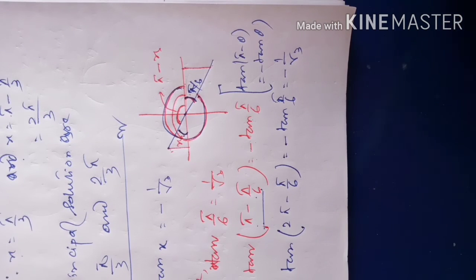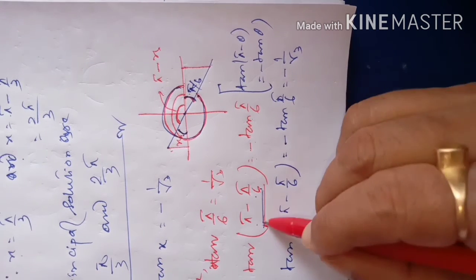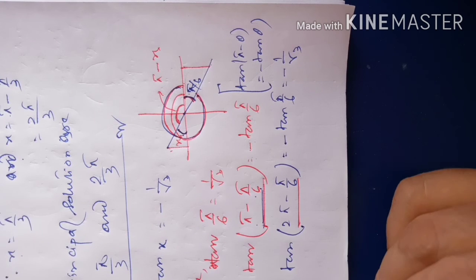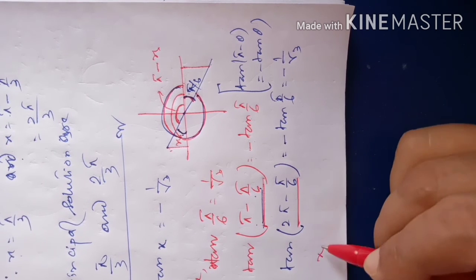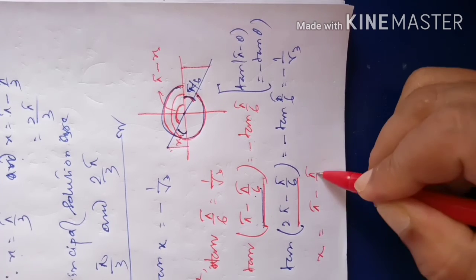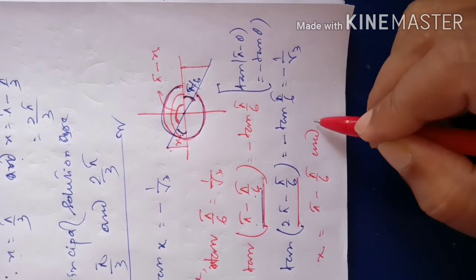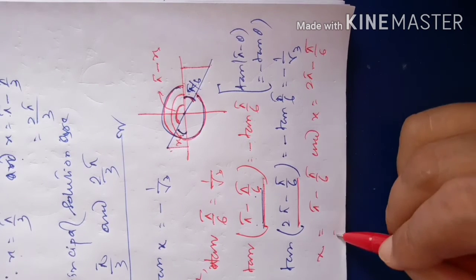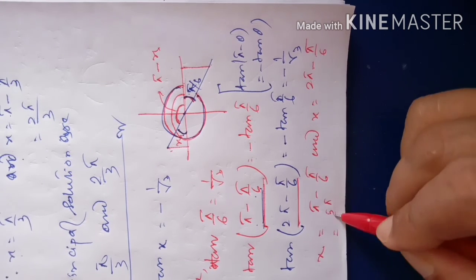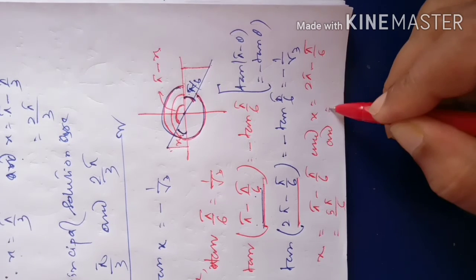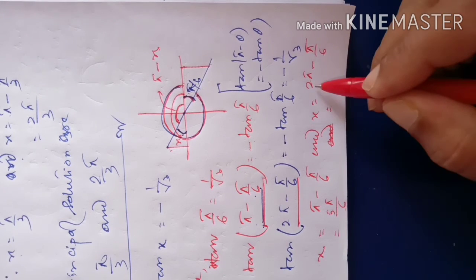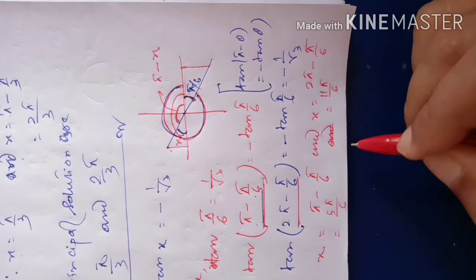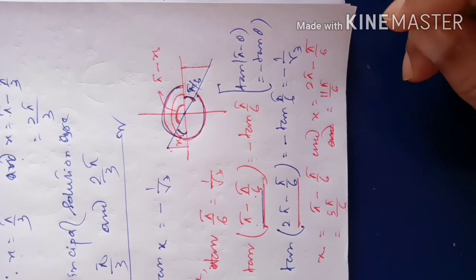So that means these two values of x can satisfy this equation. Therefore the principal solutions will be x equal to pi minus pi by 6 and x equal to twice pi minus pi by 6. This gives 6 pi minus pi, that is 5 pi by 6, and this gives 12 pi minus pi, that is 11 pi by 6. So these are the principal solutions, 5 pi by 6 and 11 pi by 6.